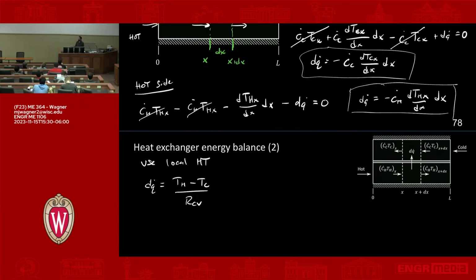So then all we need to do is come up with RCV, and then use this to combine it with the other equations. So RCV, this control volume resistance, is equal to our total. And we have to somehow scale it by dx, right?